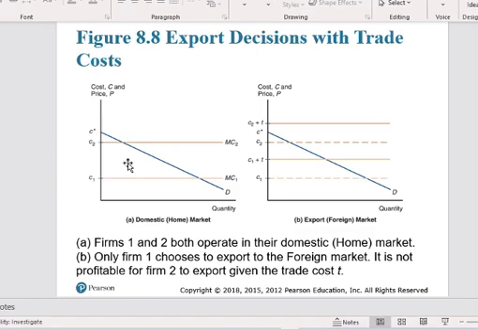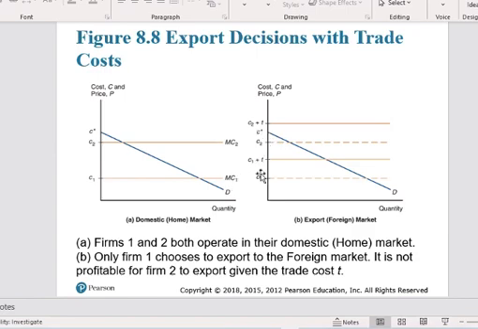I will go directly to the mill, the wheat mill or flour wholesaler, so I will get it for a cheaper price. So my marginal cost will be lower if I'm large. Try to think about it in this picture. Only firm 1 chooses to export to the foreign market because it will still be profitable, but firm 2 will not be profitable anymore. Think about this.